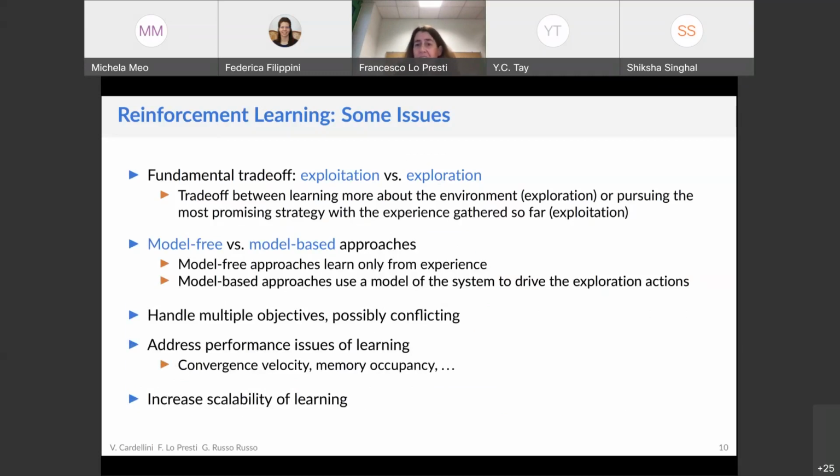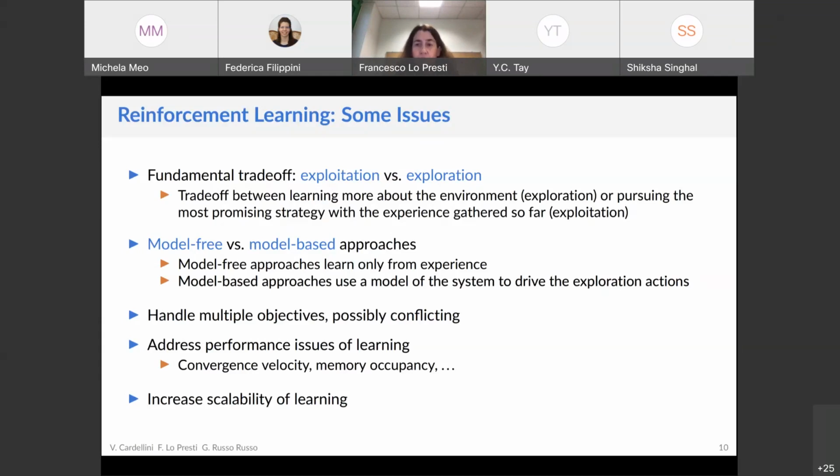So exploration means that you learn more about the environment, and exploitation means that the reinforcement learning agent follows the most promising strategy using the experience it has gathered so far.